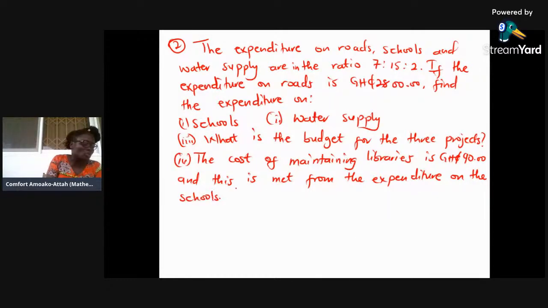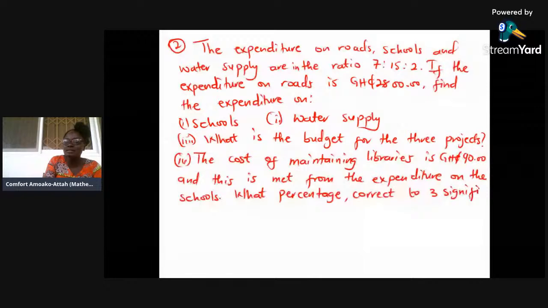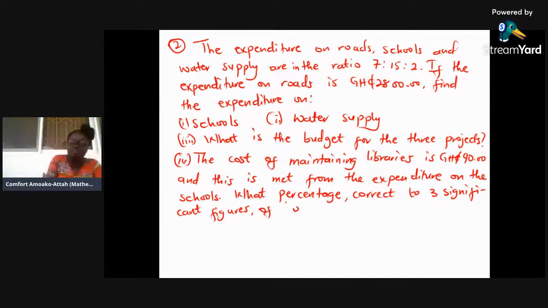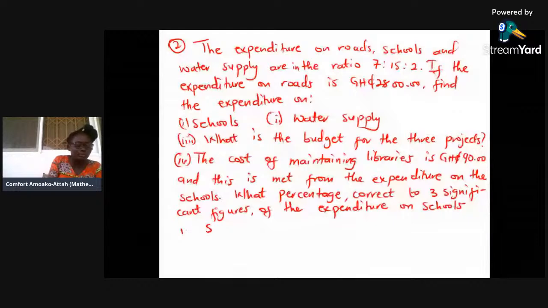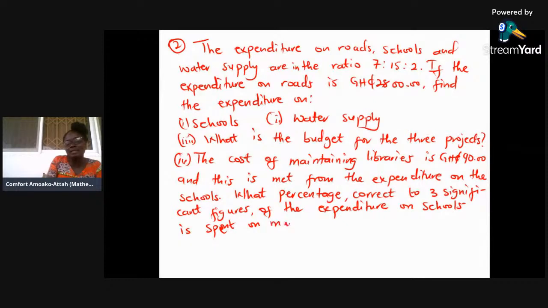What percentage, correct to 3 significant figures, of the expenditure on schools is spent on maintaining libraries?